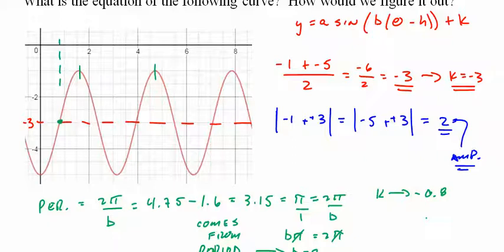I'm going to go on my calculator and multiply that by pi and see if I get a nice number. I got 2.5.